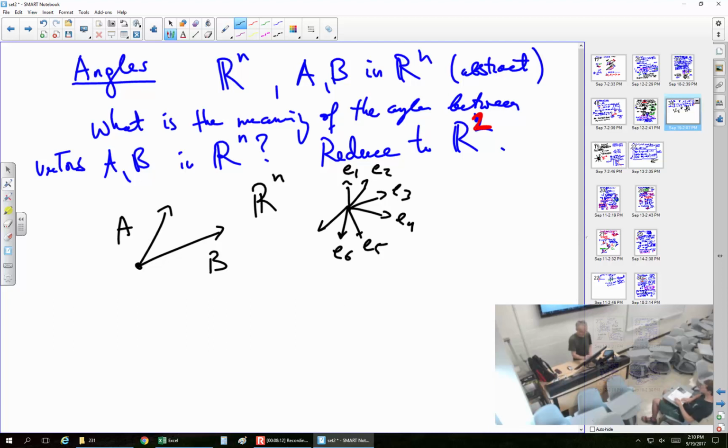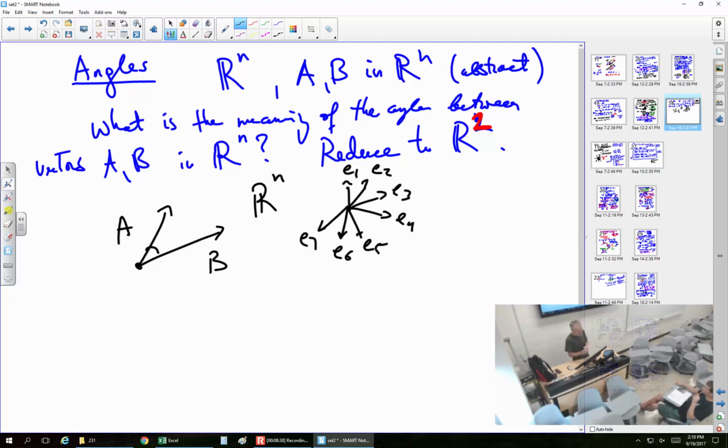So this is a 7-dimensional space, best you can imagine. So 7 vectors sticking out, and they're all perpendicular to each other. And that's a 7-dimensional space, best we can tell. In this environment we have 2 vectors with the same origin. So what's the meaning of the angle? It's very simple, as I tried to indicate.